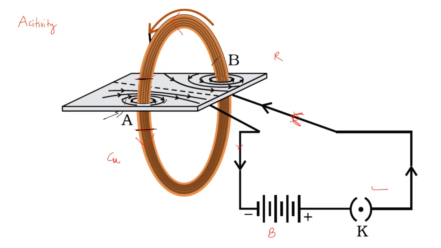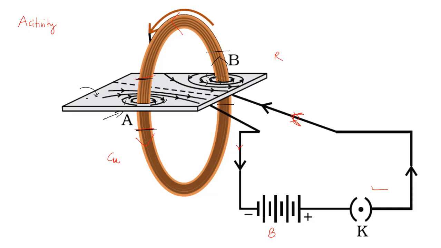Same way at part B, the current is coming up, moving up. If we consider it as a straight conductor, you can see the magnetic field lines are concentric circles. So all over, you can observe the pattern of magnetic field lines that we have drawn through the activity.